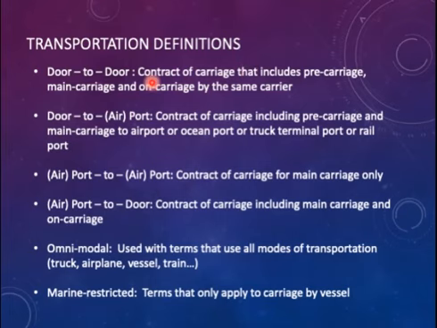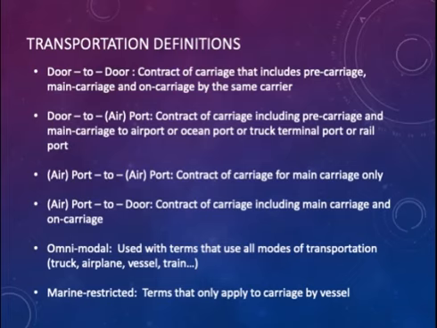Door to door. Door to door is the contract of carriage that includes pre-carriage, main carriage, and on-carriage by the same carrier. For example, I sign a door-to-door contract to deliver my goods from my warehouse to the buyer's warehouse.